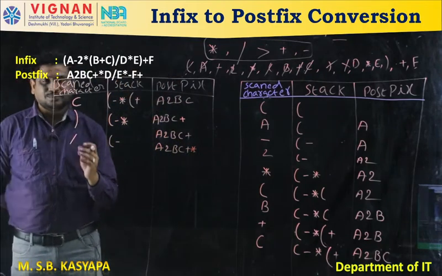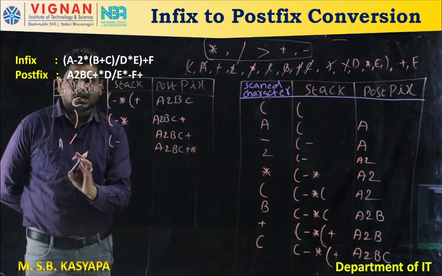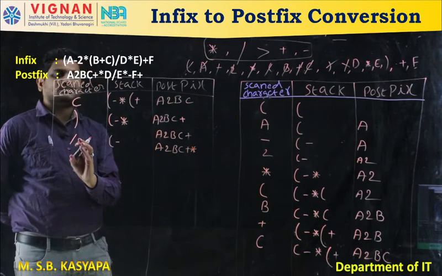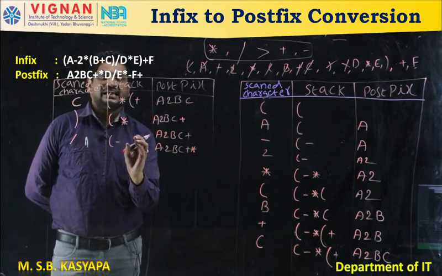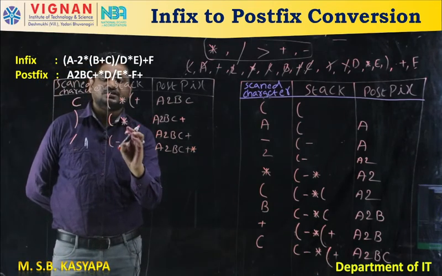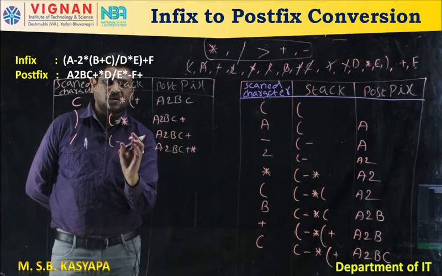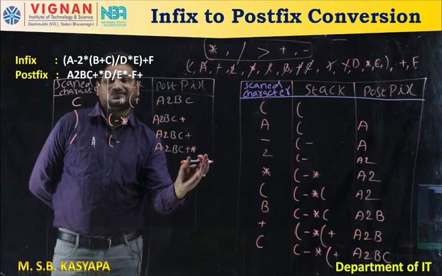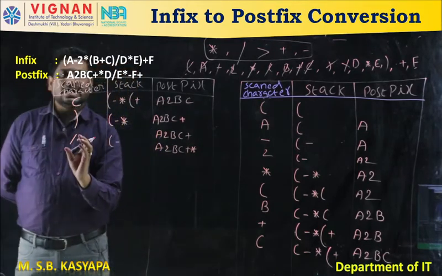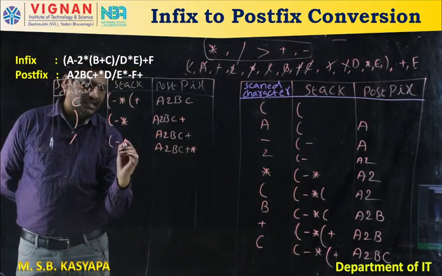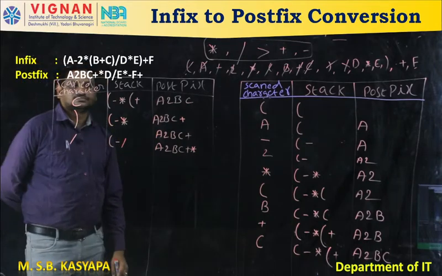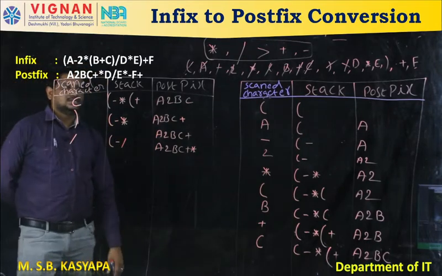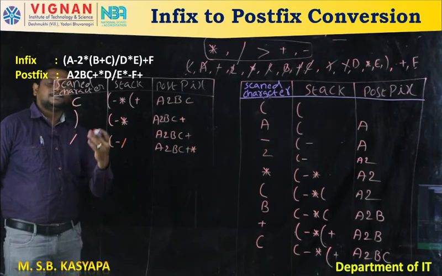Once again I am repeating: if the precedence of a scanned character is equal to the top operator available in the stack, then the top operator will move to the postfix expression, and the scanned character moves to the stack. This is the way.